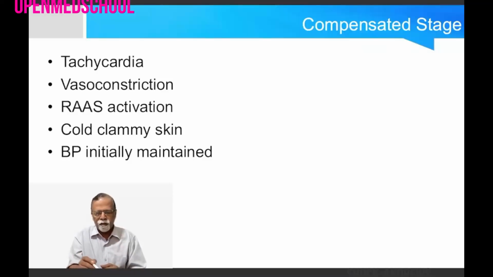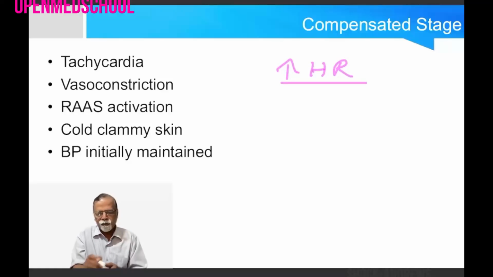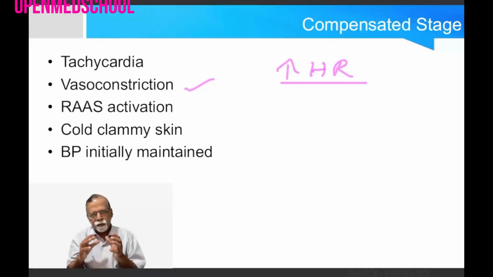So in the compensated phase, the most important thing to remember is the increase in the heart rate. So the pulse rate increases. For example, in a patient following surgery, the heart rate increases. The pulse is increasing. This is an indirect indication that the patient may be going into shock, the compensated stage. There will be vasoconstriction because the nervous system will try to redistribute the blood to the vital organs by vasoconstriction in the periphery.